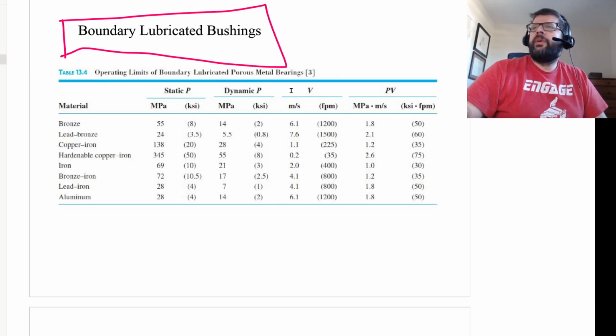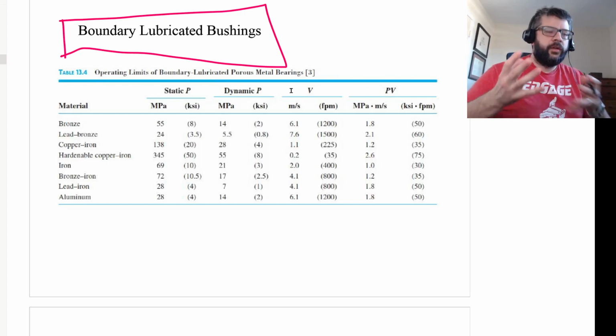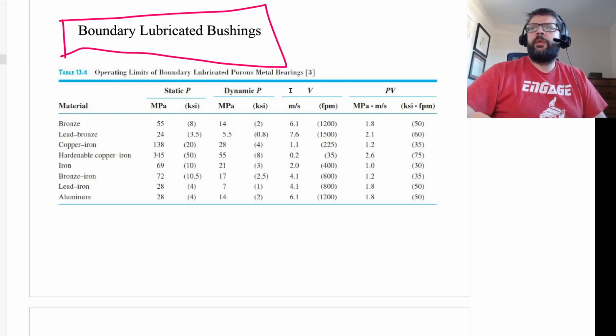Basically, what happens here is you have some sort of porous metal, often created by sintering the material, so you create the bushing by sintering.